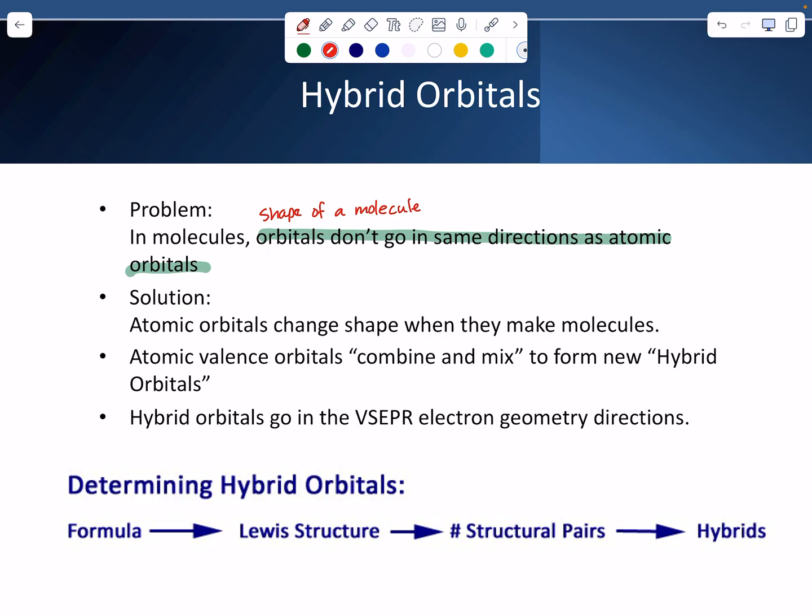So the solution that valence bond theory proposes is quite simple. The concept is simple, the implementation is a little bit more complicated. It's just that the atomic orbitals, where the electrons go, are a different shape when in a molecule.